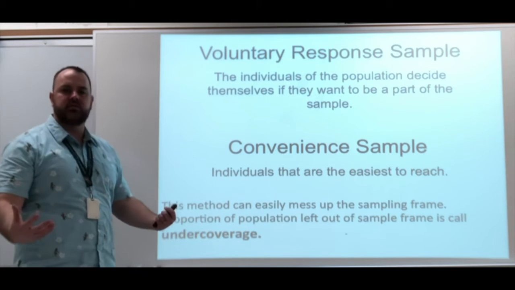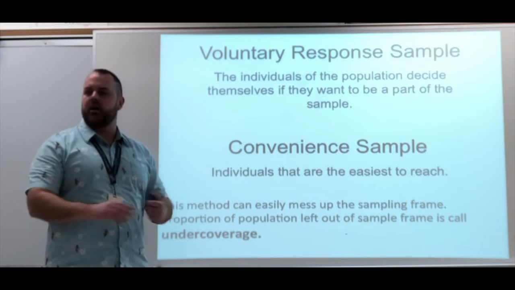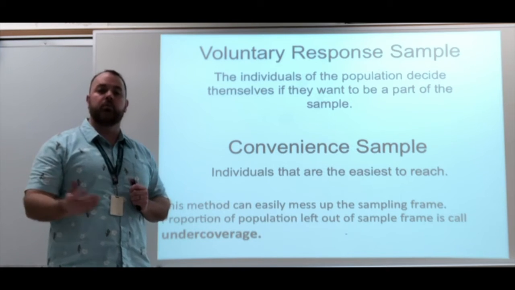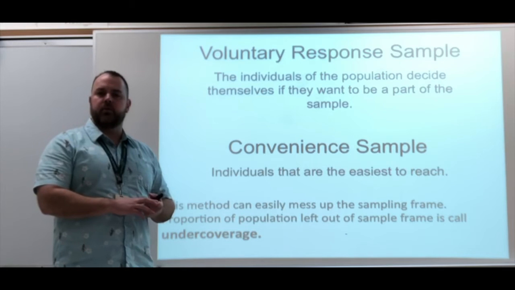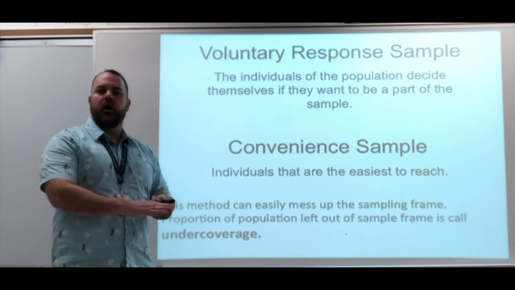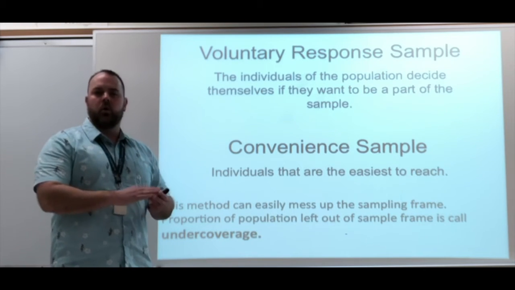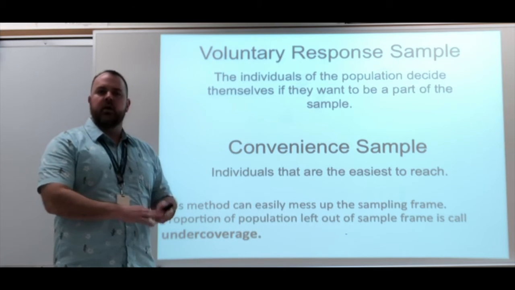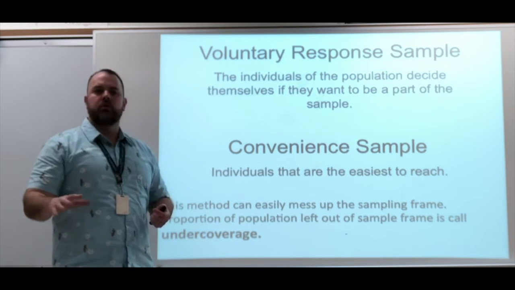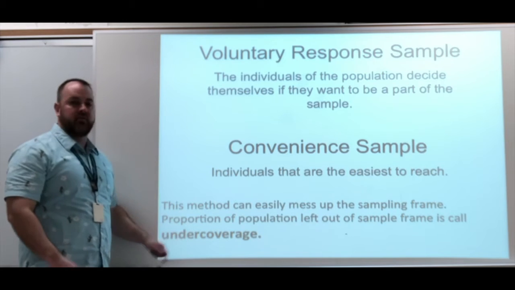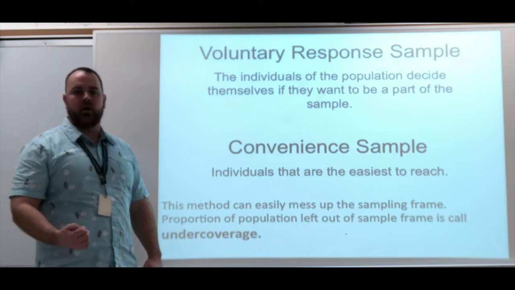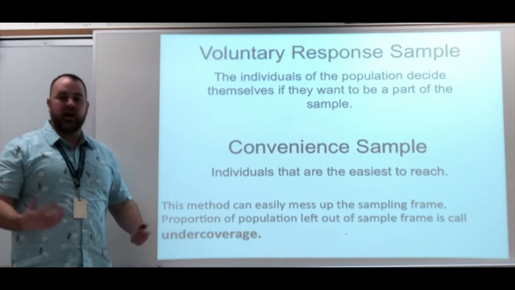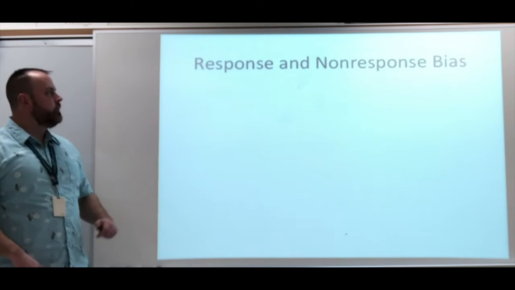If I walk into a senior homeroom to sample my seniors, I know at the high school I teach at, CTC students, people that are in CTC, internship, or career experience, are not in homeroom. So those people would be considered undercoverage. They're not a part of our sampling frame and they're not able to be part of our sample, so they're not represented.